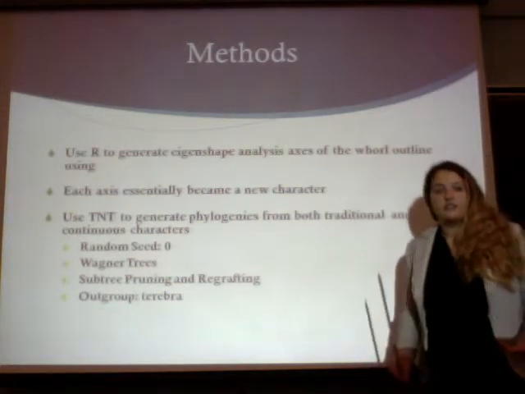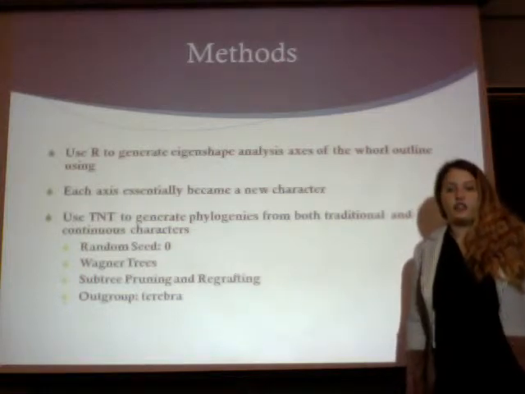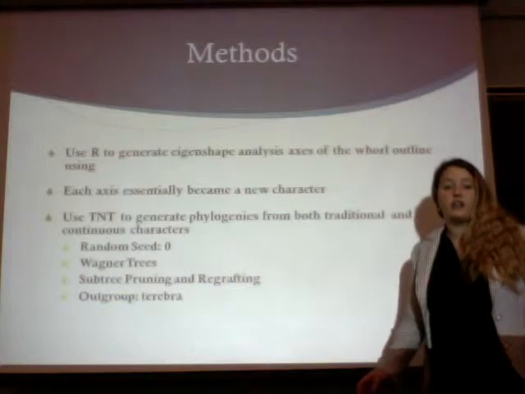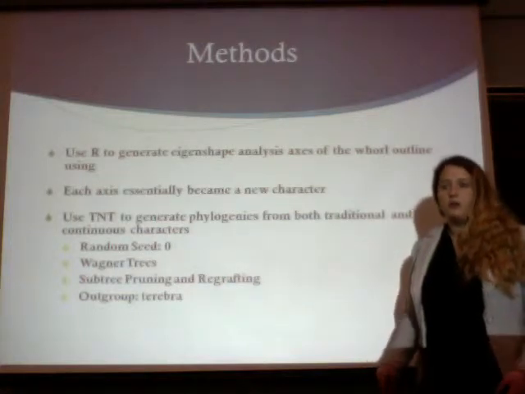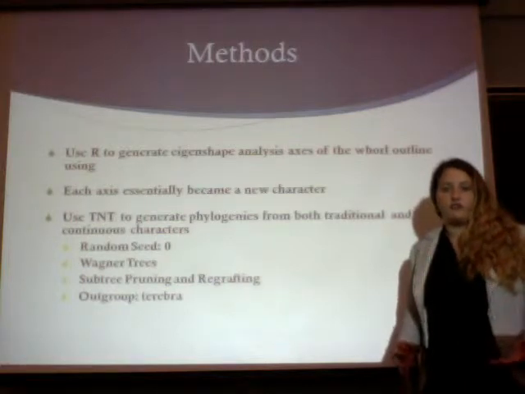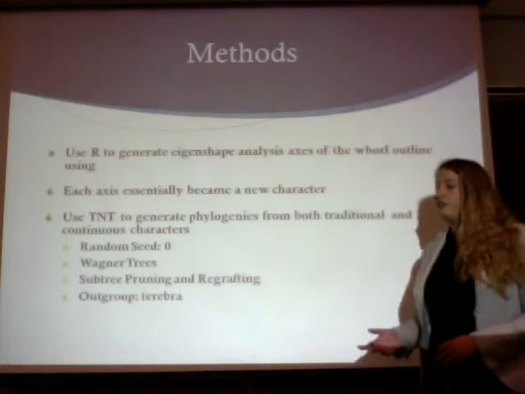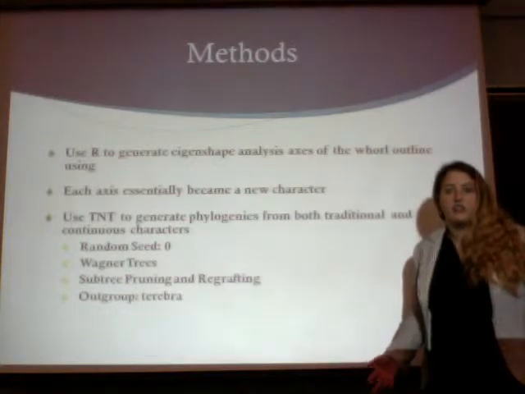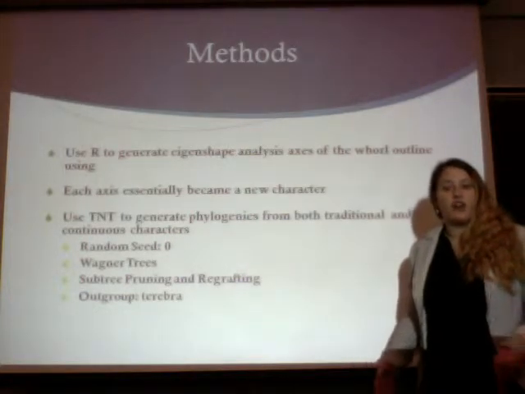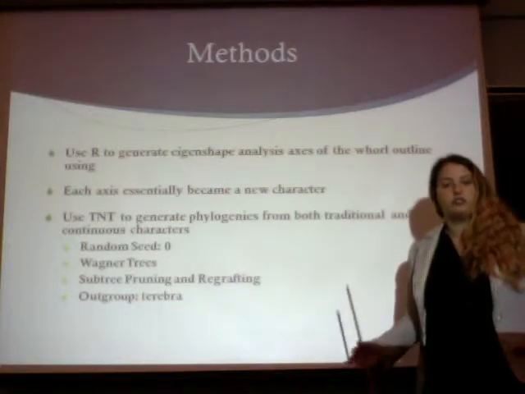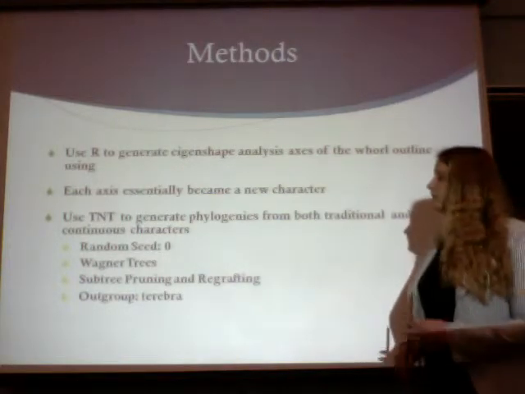So each axis that is generated by eigenshape analysis essentially becomes a new character. Now, you could end up with hundreds of characters, but since they don't vary that much, they generate a lot of noise. So I set the cutoff for this data set at 25 eigenaxes, and so this essentially creates 25 new characters, in addition to the 7 or so traditional characters that I had.